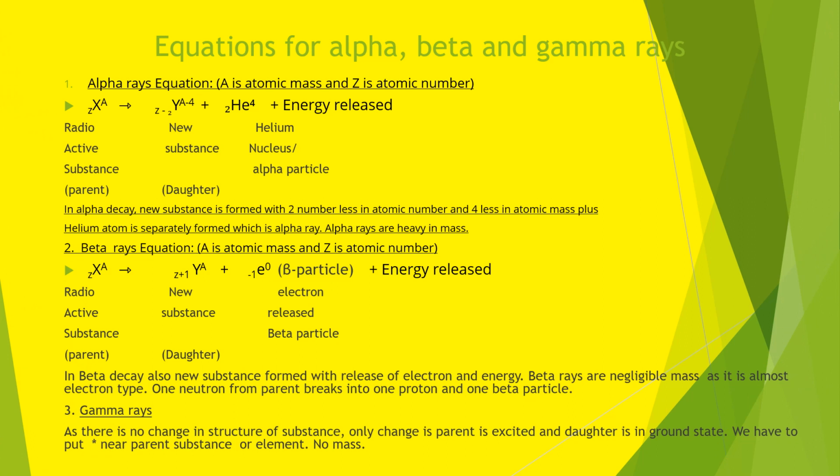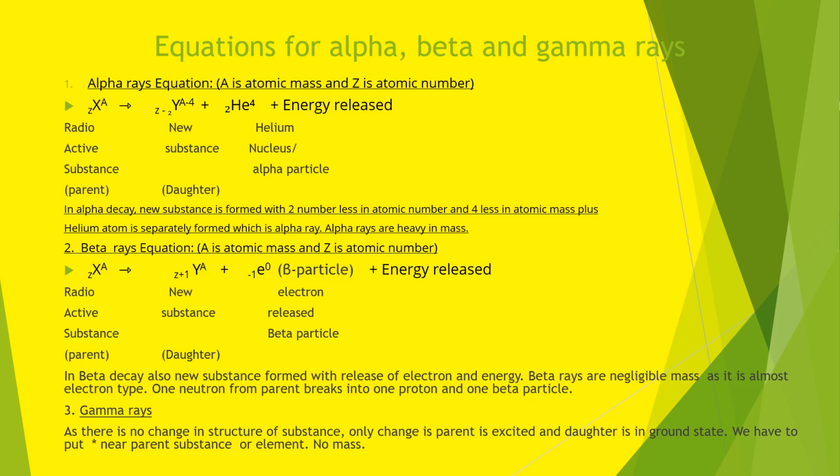On this page, equations for alpha, beta and gamma rays are given for easy understanding of the subject. Here, you observe that A denotes atomic mass and Z denotes atomic number. For the parent and daughter elements and also the rays, both atomic number and atomic mass are balanced.